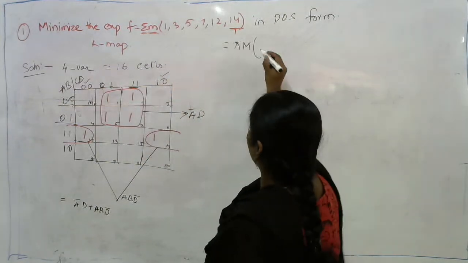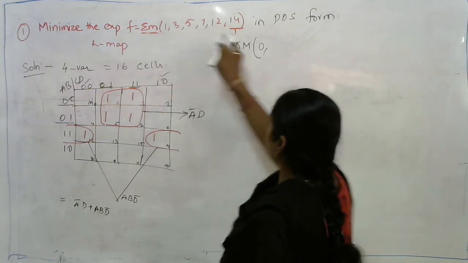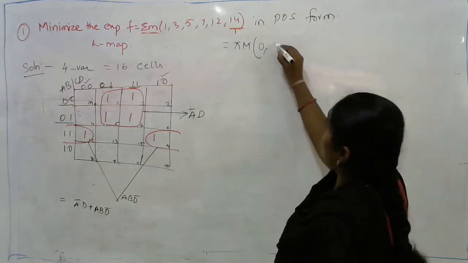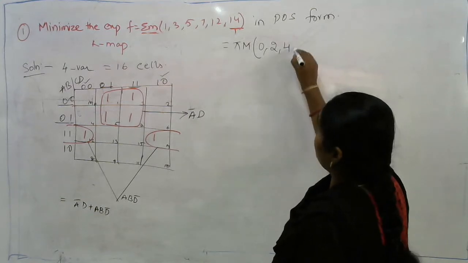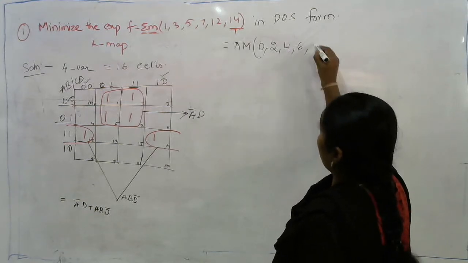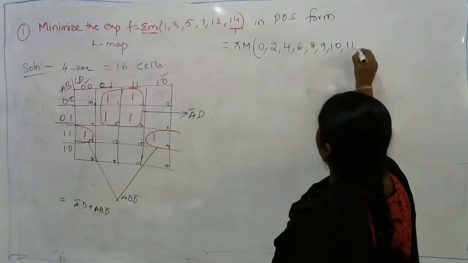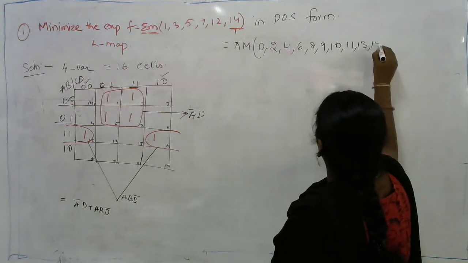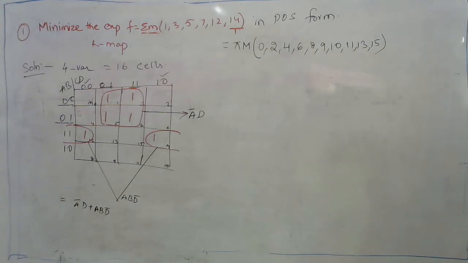So 0 will be included in the POS. 1 is there in SOP, so 1 will not be there in POS. 2, 3 is in SOP. So 4, 6, 8, 9, 10, 11, 13 and 15. So this is how to write down the POS from the given SOP.